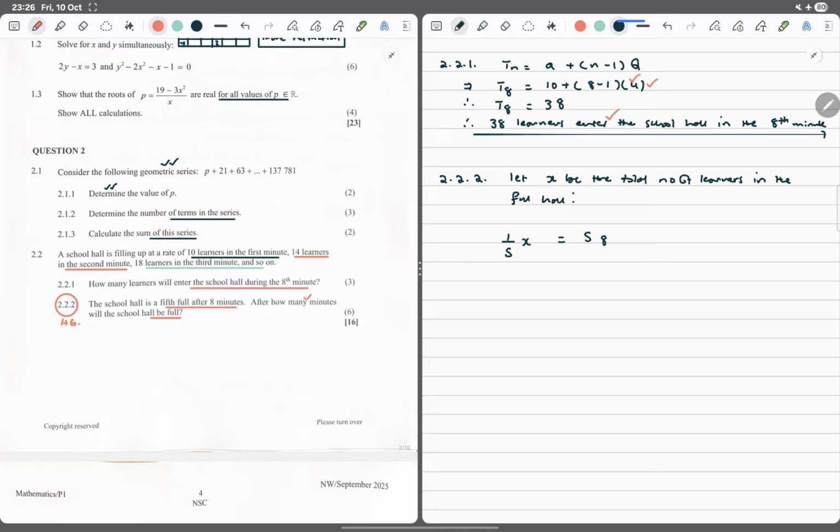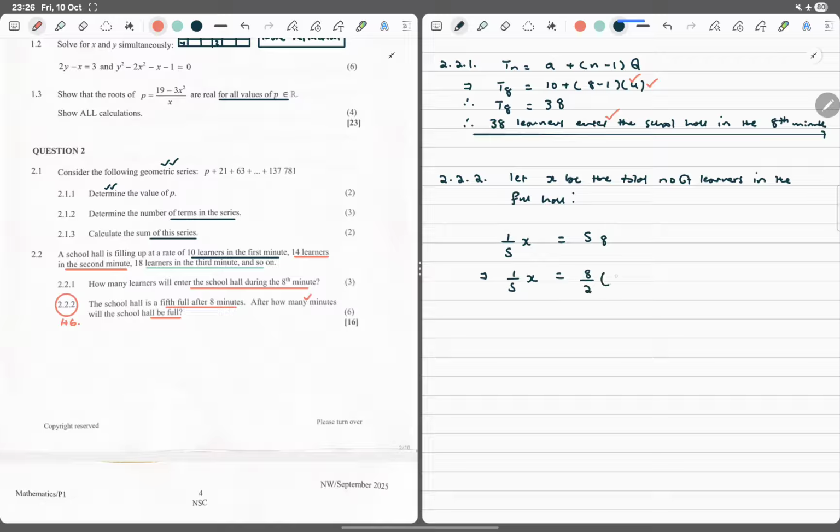Remember, there will never be a situation where in the exam, the arithmetic sum is not somewhat looked at, okay? So this implies that 1 over 5 x is going to be, now this is arithmetic, so we know that the number is 8.